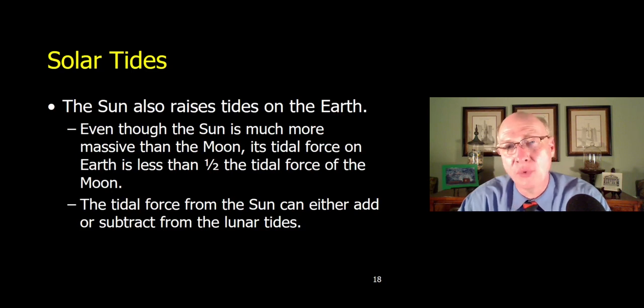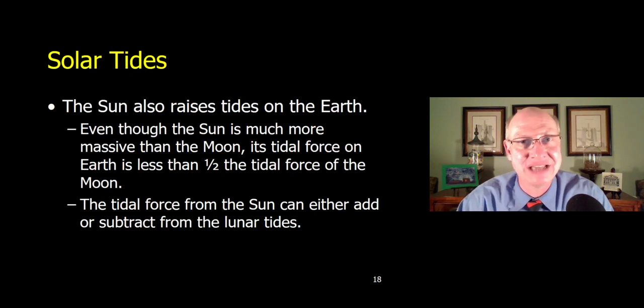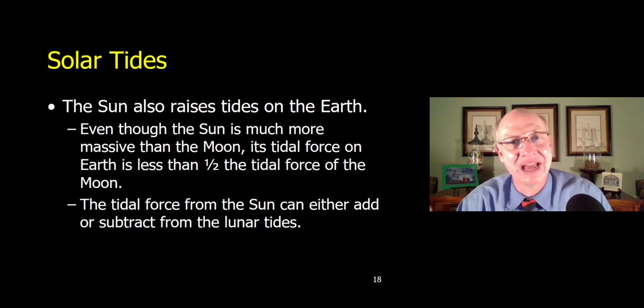Now, the tidal force from the sun can either add to or subtract from the lunar tides. And so sometimes we get particularly high tides. That's when the high tides from the sun are adding constructively to the high tides from the moon.